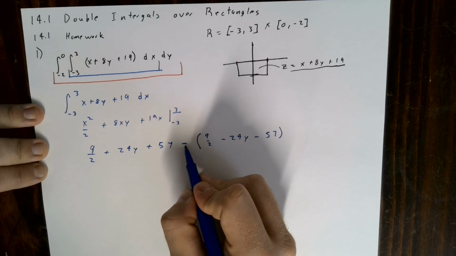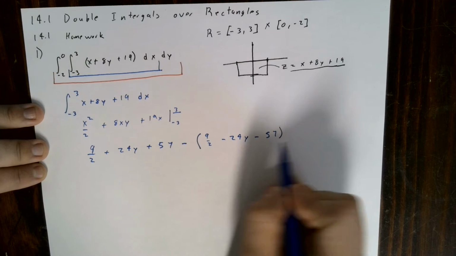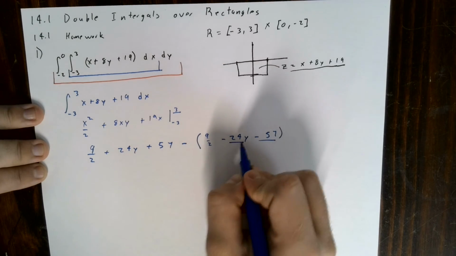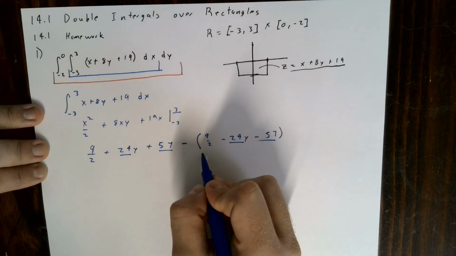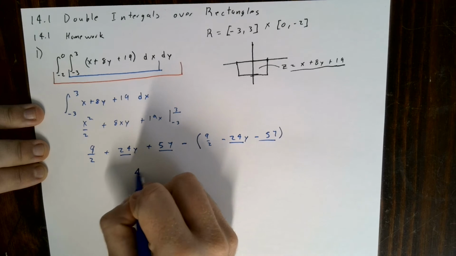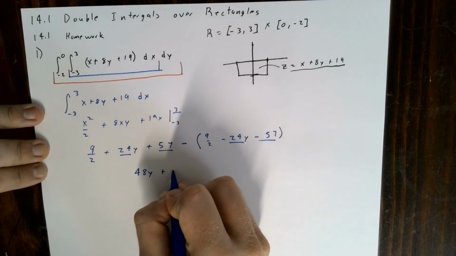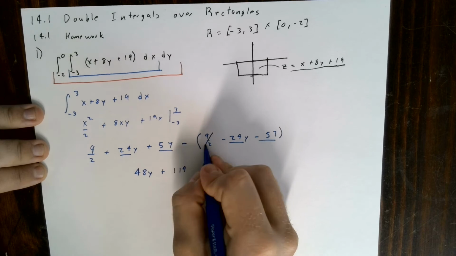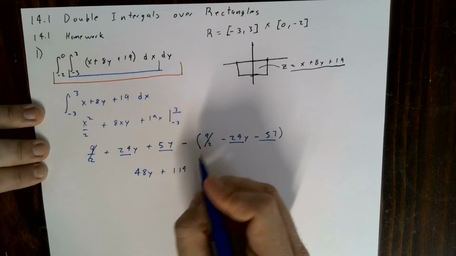It's important to note that this negative distributes to all of them, making all their signs opposite, and these are actually added to the others, so it's almost doubling it, making it 48y plus 114, and then the 9 over 2 terms cancel each other out.